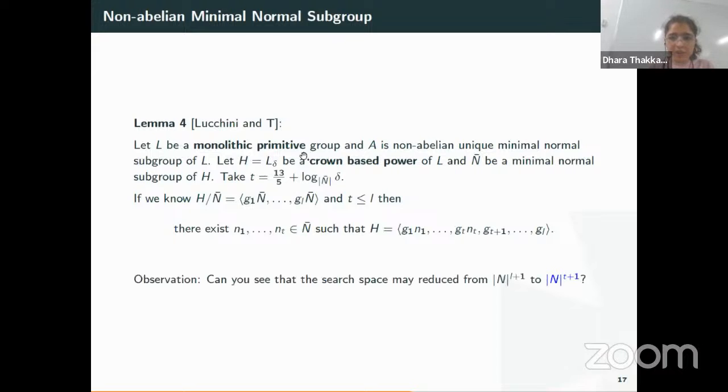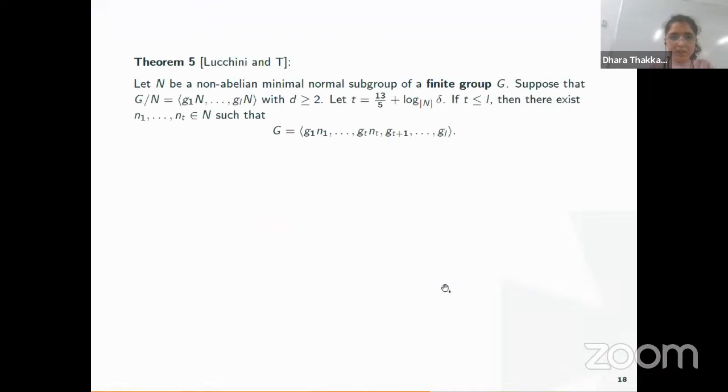So then we proved the following result. This theorem claims that we can even reduce the search space for any finite group G. So we have a finite group G and N to be its minimal normal subgroup, which is non-abelian. Suppose we know that the quotient group is generated by g1N to gLN, and we are taking T to be again this special number.